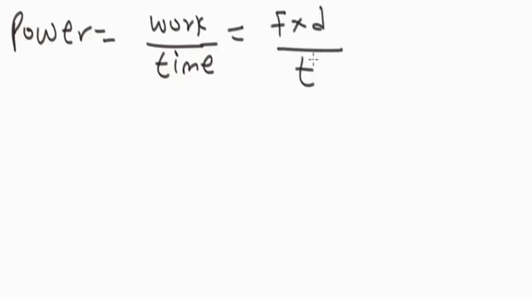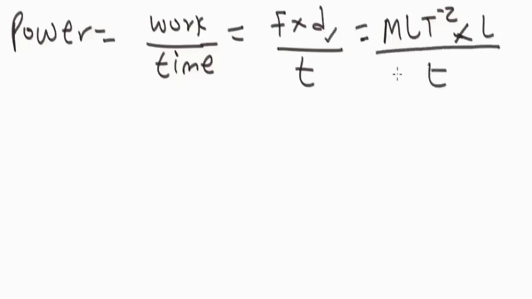The dimension of force is mass times length per time squared, then times distance, which is length, then over time.